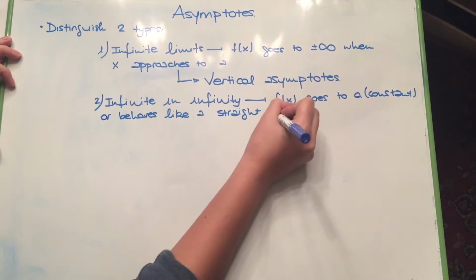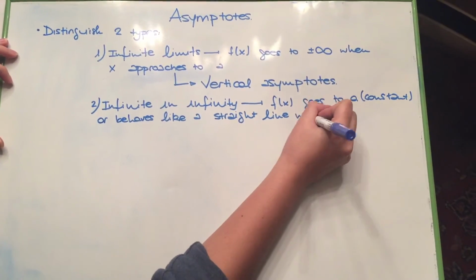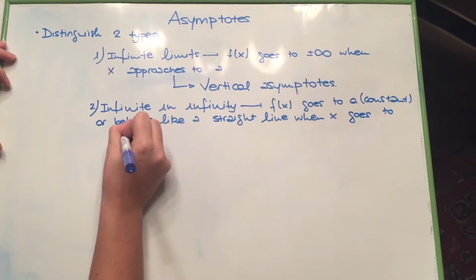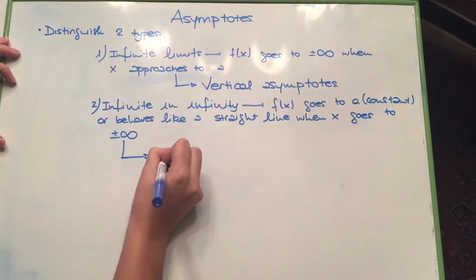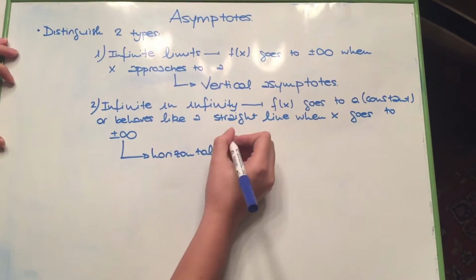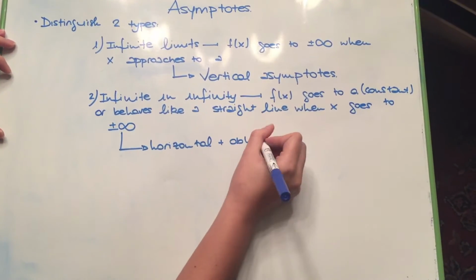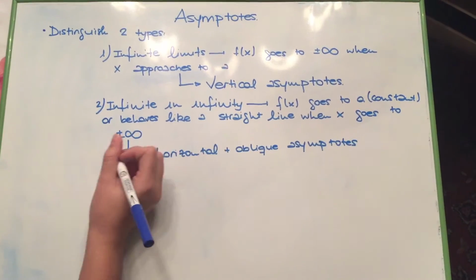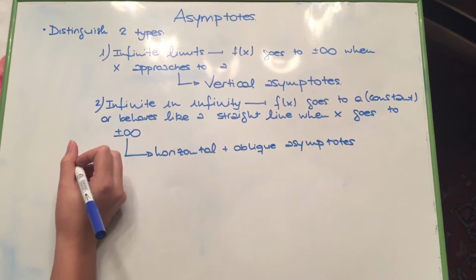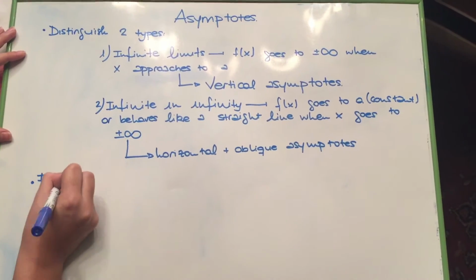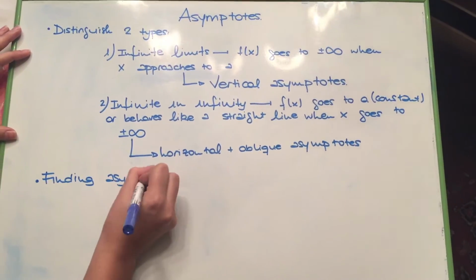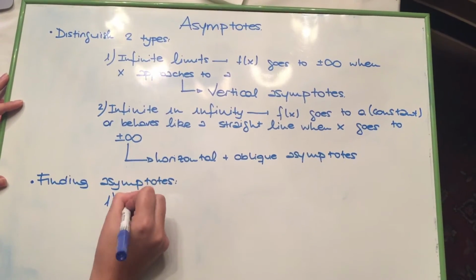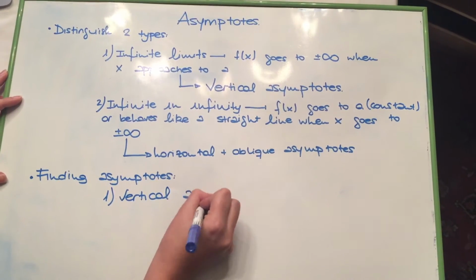And then at last there's the oblique asymptote, for which you have to do three steps. The first step is the limit as x goes to plus or minus infinity of f of x equals infinity. Then the second step: the limit as x goes to plus or minus infinity of f of x divided by x gives you m, the slope of the oblique asymptote.